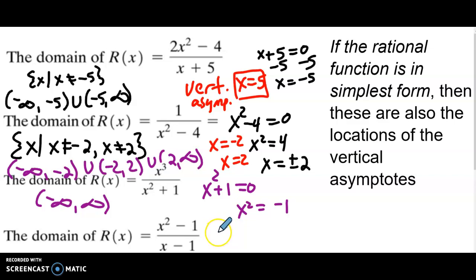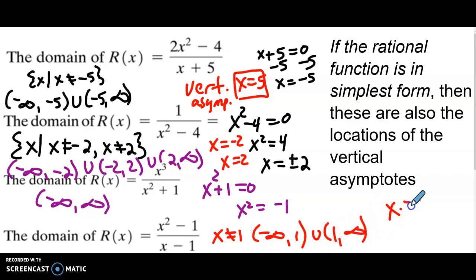This one's a little different. Okay, the domain is all reals except 1. So I might say -infinity to 1 in union with 1 to infinity. However, x equals 1 is not a vertical asymptote because I can simplify this, right?